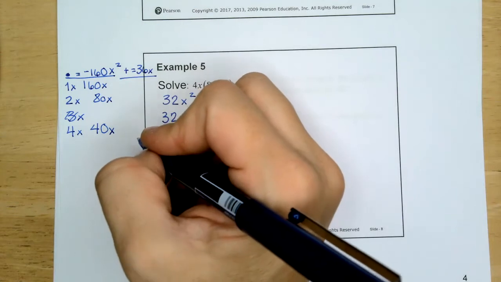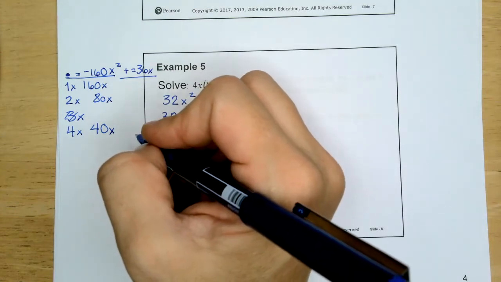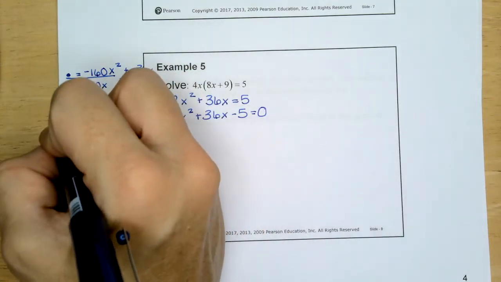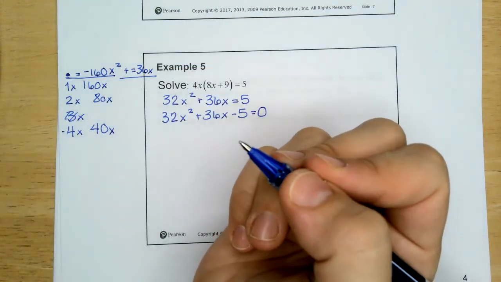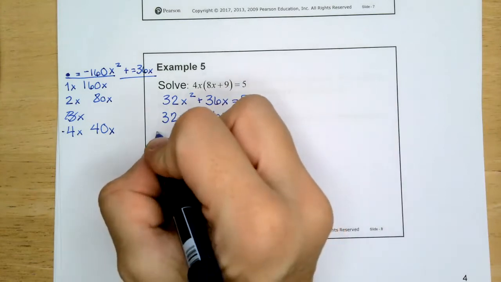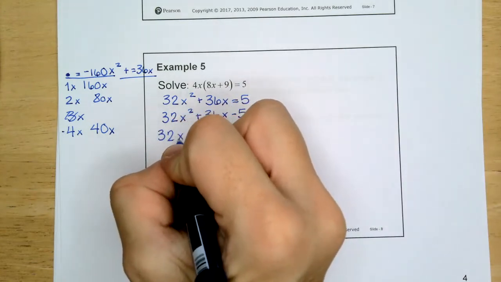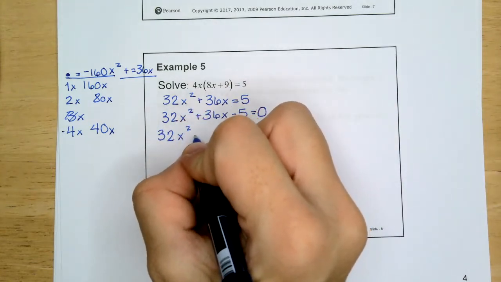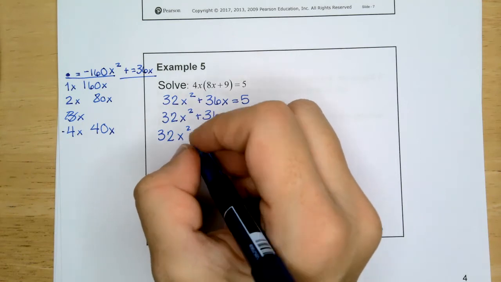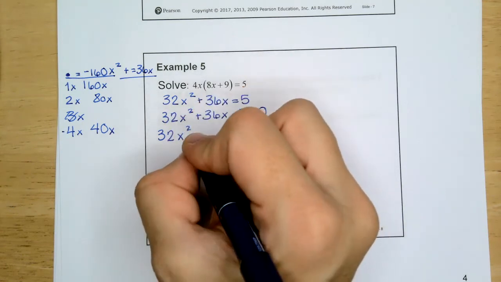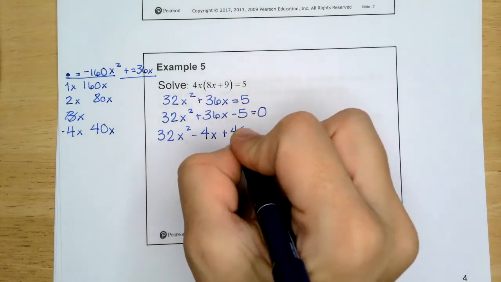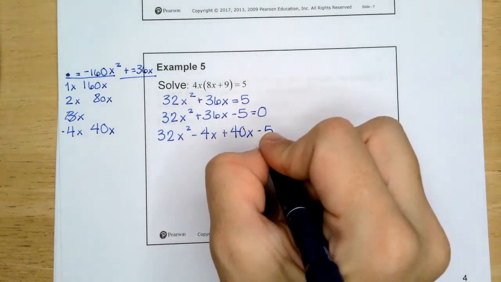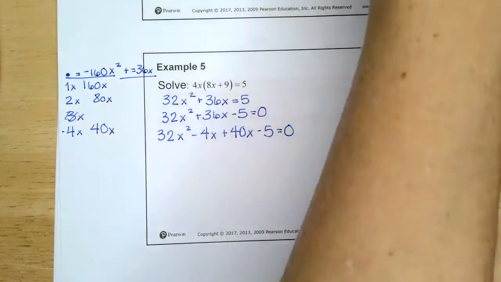So if I say it is a positive 40x and a negative 4x, I'll get positive 36x. So 32x squared minus 4x plus 40x minus 5 equals 0.